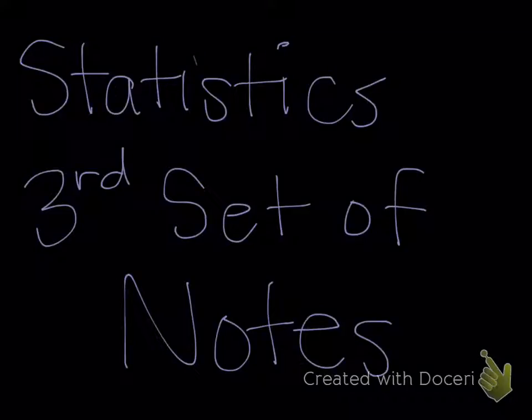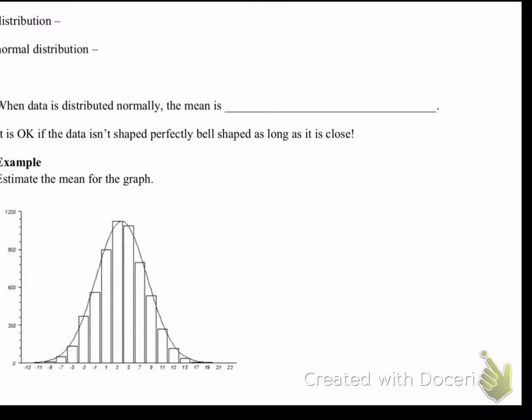Today we're doing the third set of notes on statistics, and we're going to talk about determining the mean of normal distribution versus skewed distribution. So at the top of your page, notice it says distribution and normal distribution.